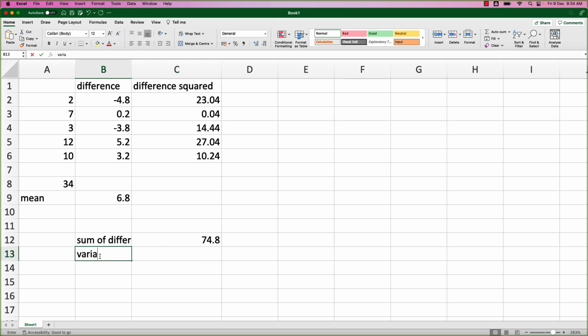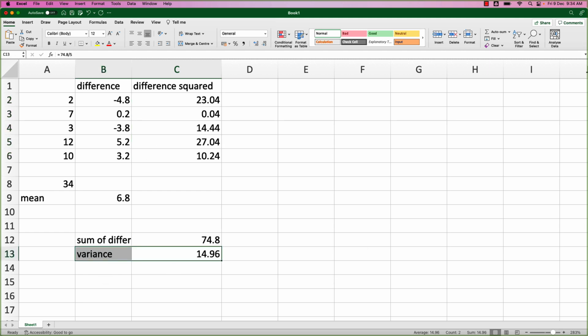So variance is nothing but 74.8 divided by 5. That is the value of my variance. In this scenario, I calculated the variance by first computing the mean, taking the difference of every data point from the mean, squaring it, and then taking the mean of those squares.